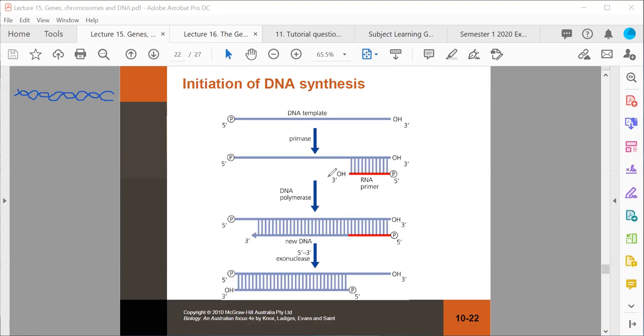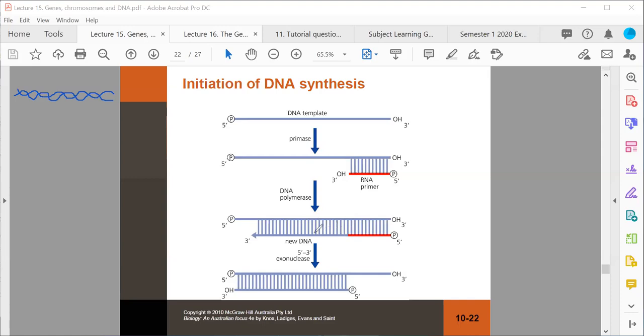All right, but we have the 3' hydroxyl group in place. So now this enzyme called a DNA polymerase can actually come along and start synthesizing this complementary strand of DNA. So remember, this strand here is complementary to the original strand of DNA.